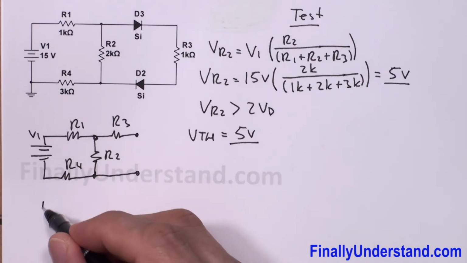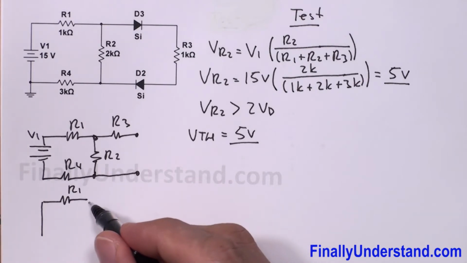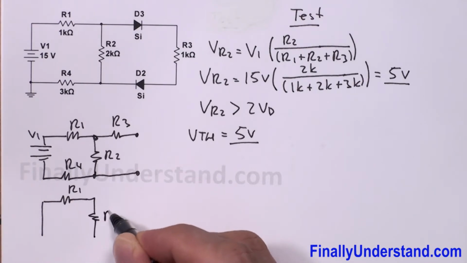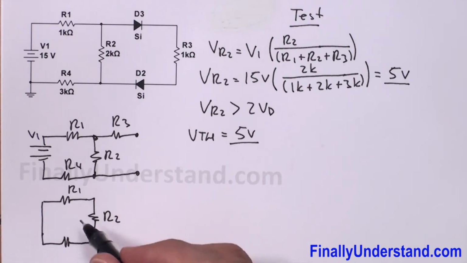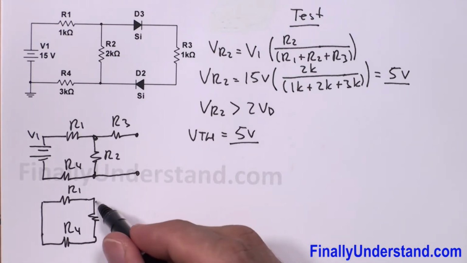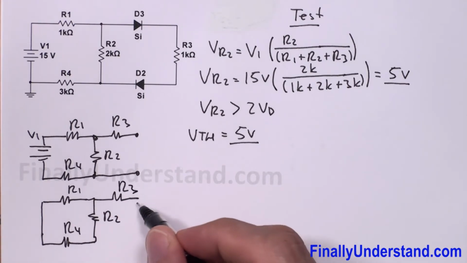So we can redraw the circuit again, and we have R1, this is my R2, this is my R4, and this is my R3.